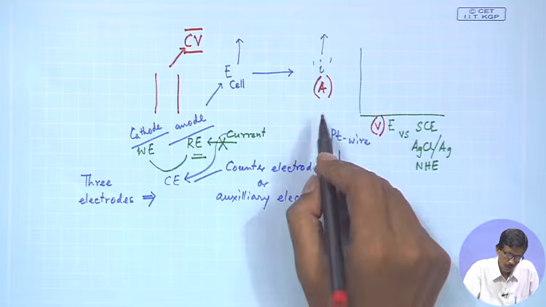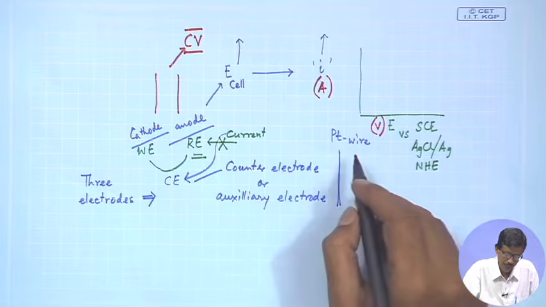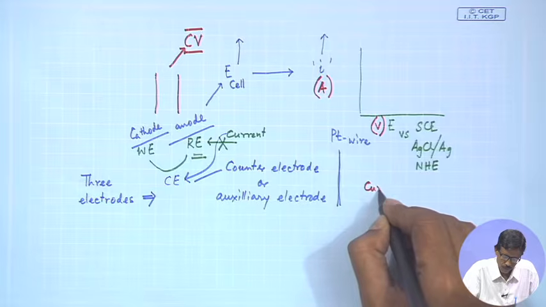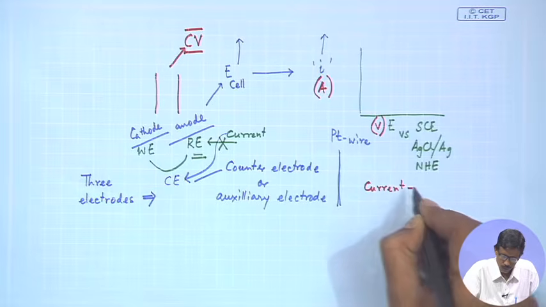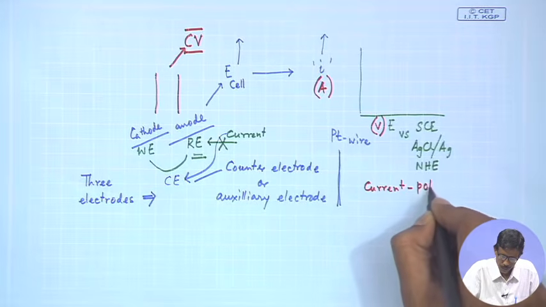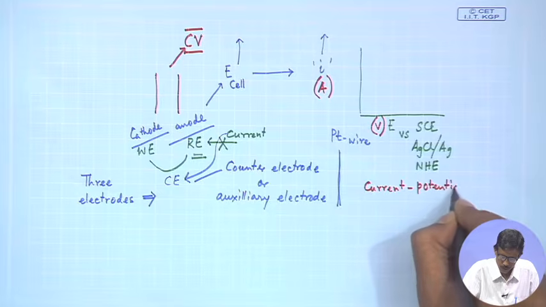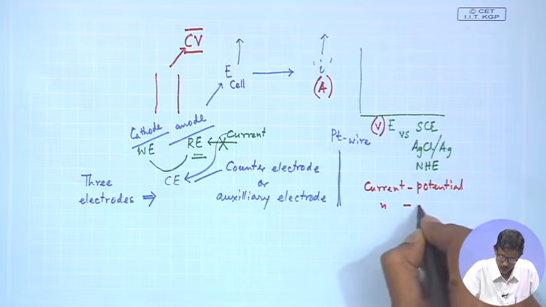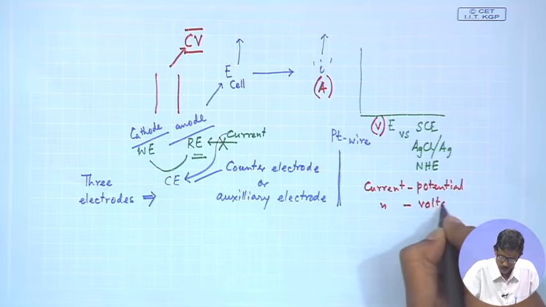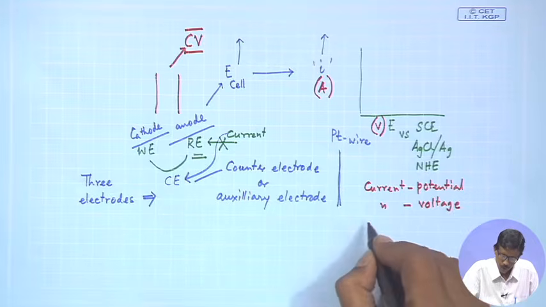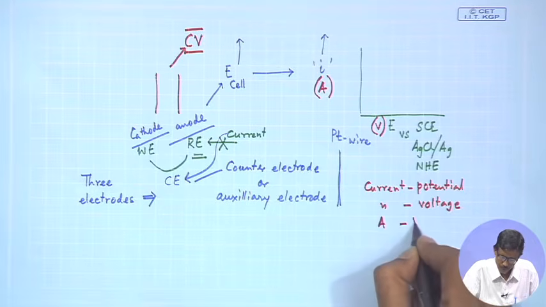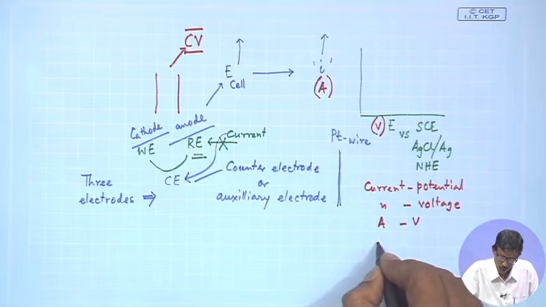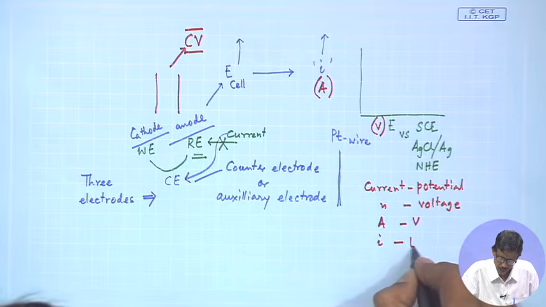Sometimes we consider it as the current voltage plot or current potential plot. Also we can consider it as the AV plot, or as the IE plot.